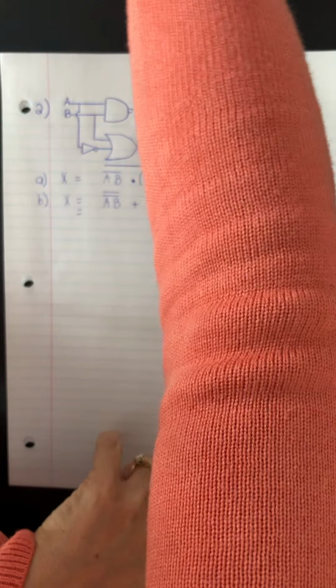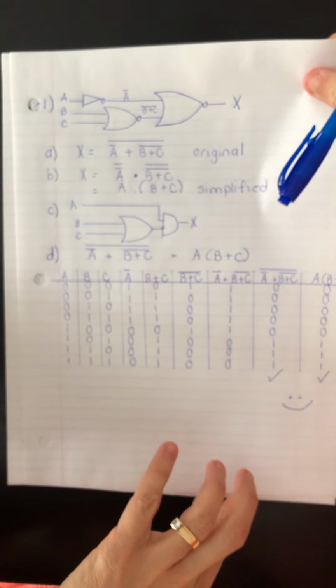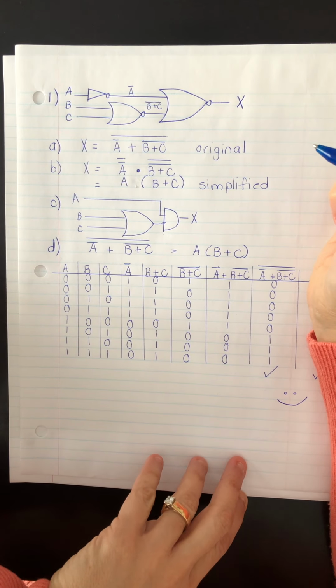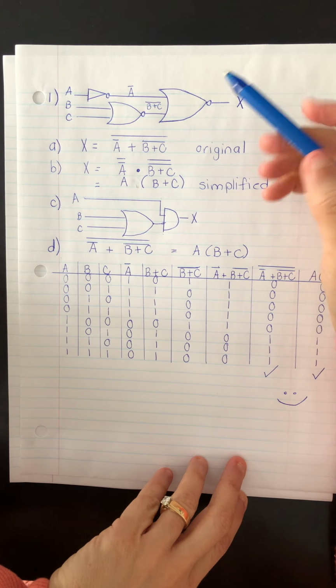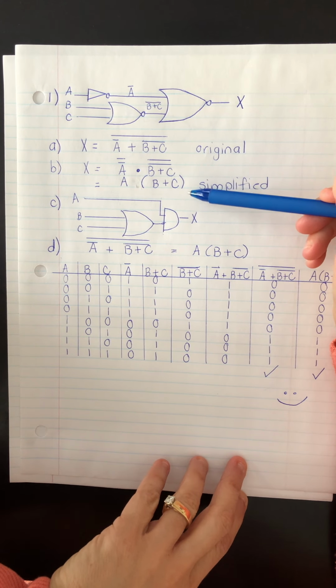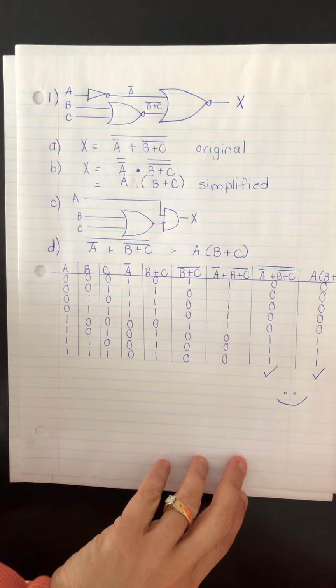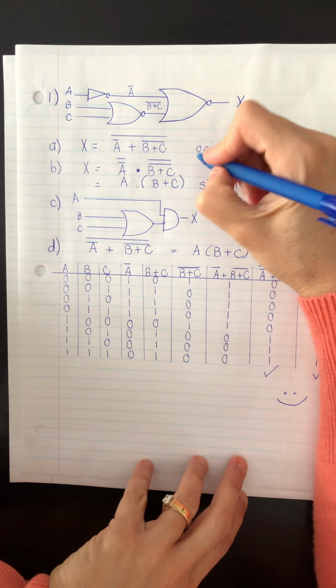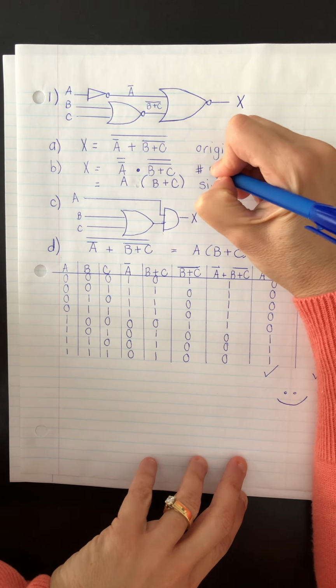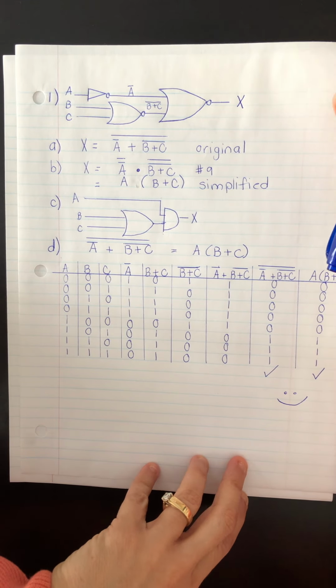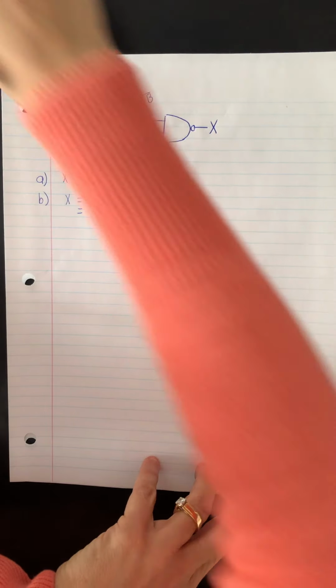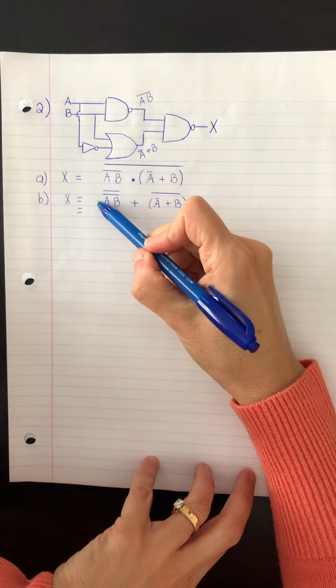In the last example, I didn't actually make note of the fact that I used theorem number 9 to go from this step to this step, right? So I might want to note that. That was the A double bar equals A theorem. So I'm going to use that one again right here.